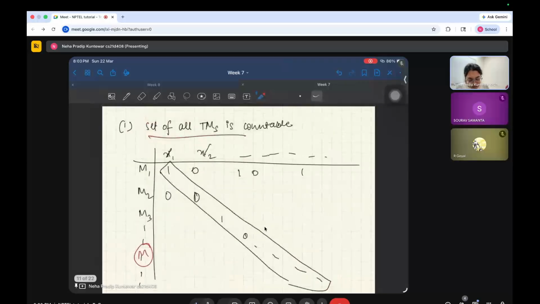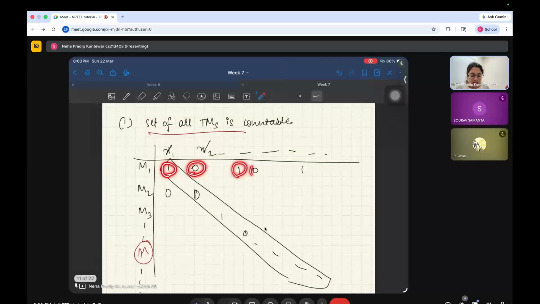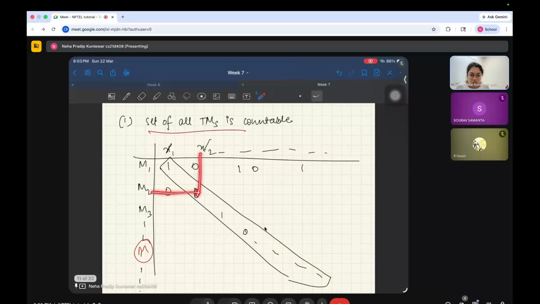Because we assumed that I have a way of accessing these answers. I have a way of telling whether m1 halts on x1, whether m2 halts on x2, and so on. We assume that there is a decider, a machine which I can run. It may take a very long time, but it will tell us the answer. Only because of that we could do this.